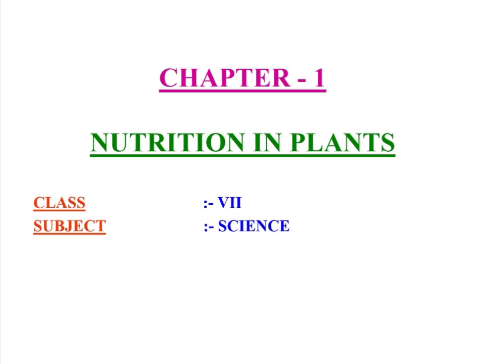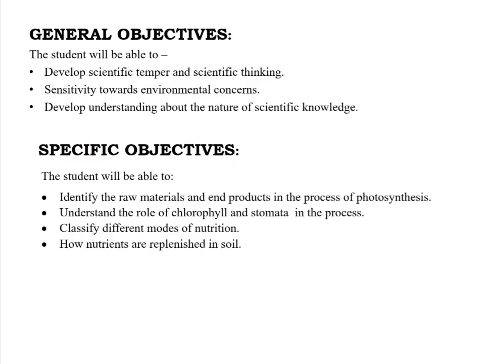So first, let us see our learning objectives. General objectives: the student will be able to develop scientific temper and scientific thinking, sensitivity towards environmental concerns, develop understanding about the nature of scientific knowledge.